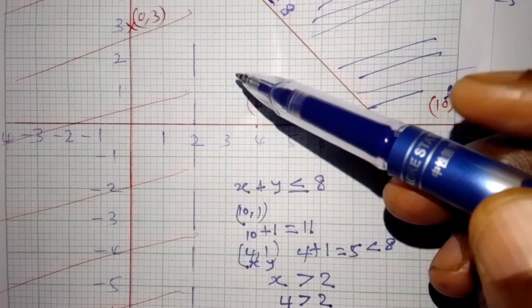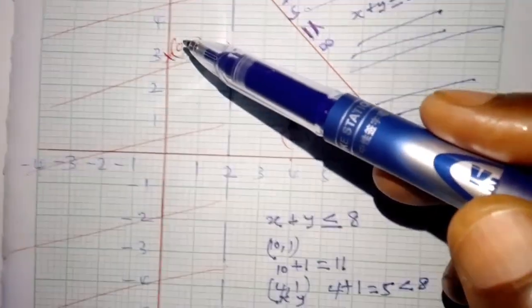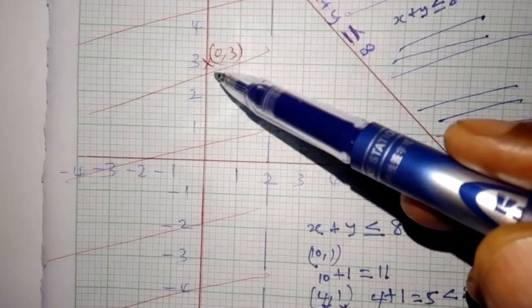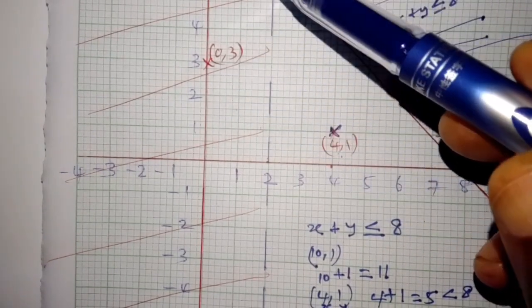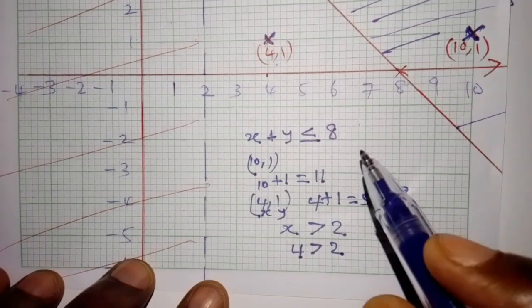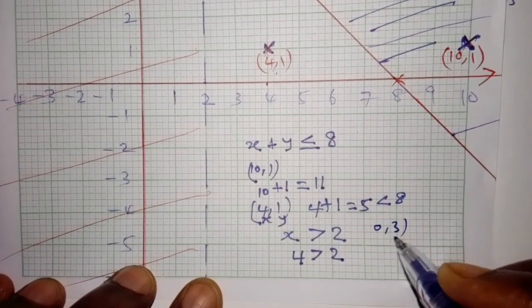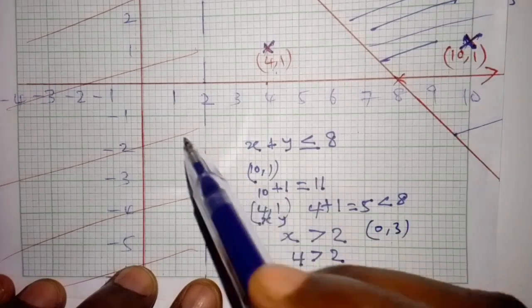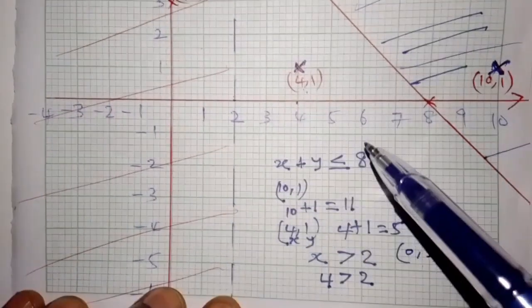Then we test another point here, point (0, 3), on this other side of x is equal to 2. X is 0 here.